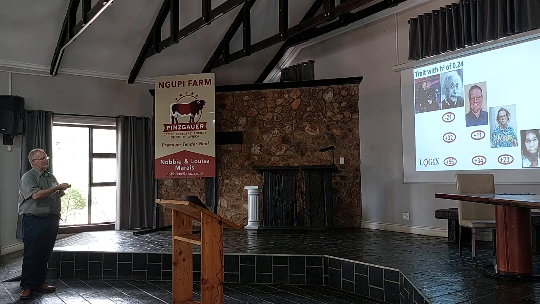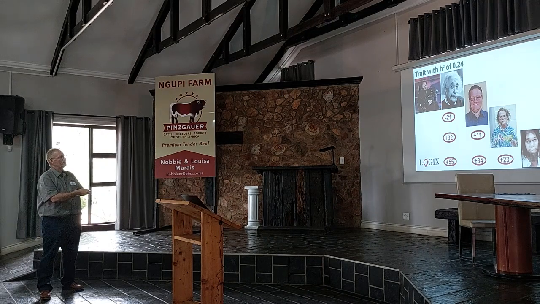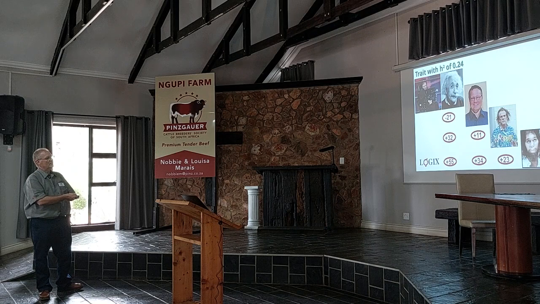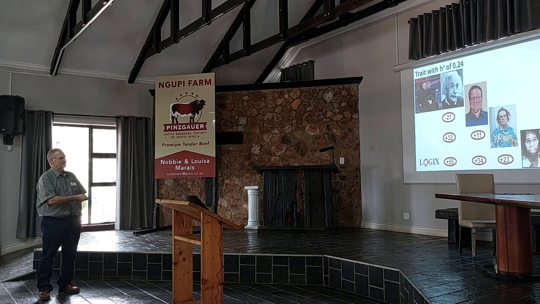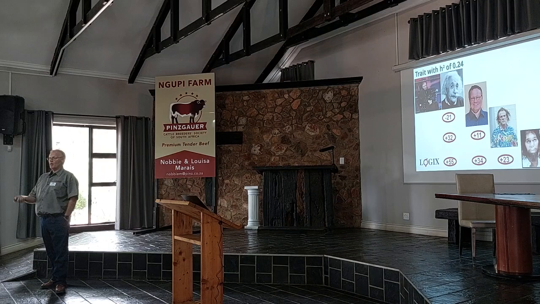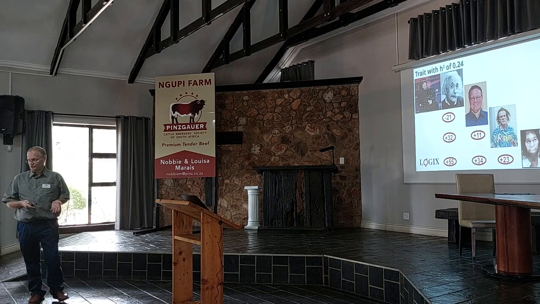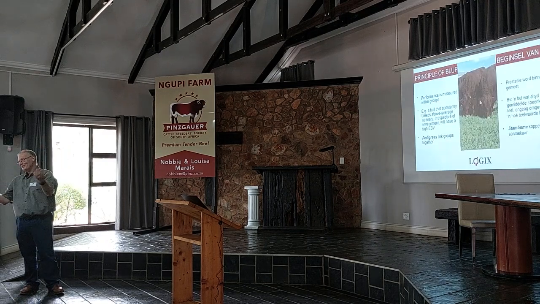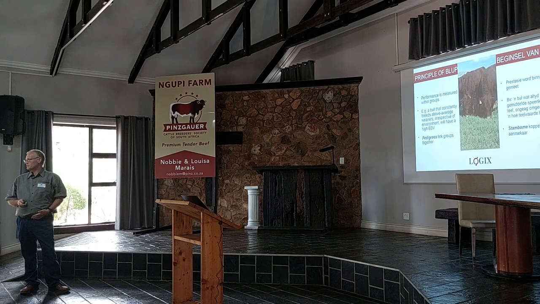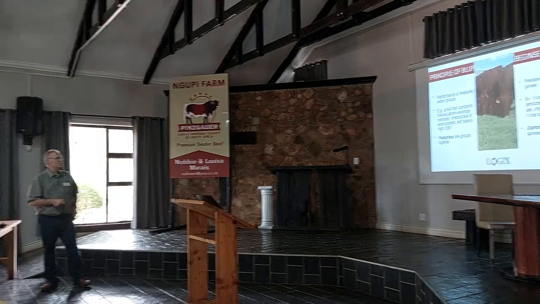So if we rank all of us in terms of breeding values, these two guys on top, with a heritability of 24%, will have a 0.5 breeding value. I would have an average of 0. This one a minus 2.6, and this guy minus 8.1. That is how the program basically calculates breeding values. But it's not so straightforward, because the model is very complex and there's a lot of information going in. This is just to make it more understandable.